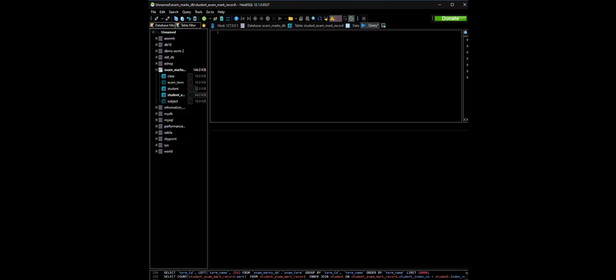For our first question, we need to find the max marks which a student got in the subject of Sinhala from class 11B. Alright, let's write our statement. Select max student exam mark record dot mark from the student exam mark record table.